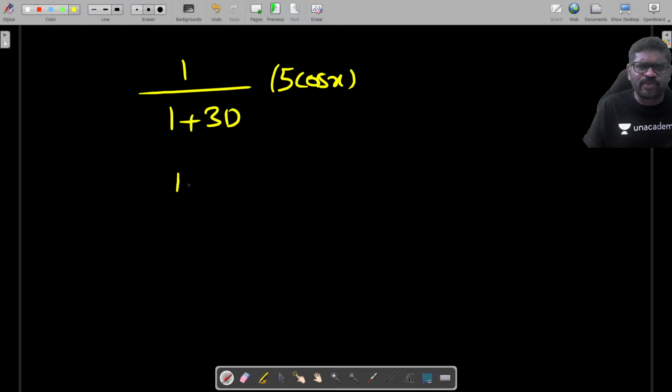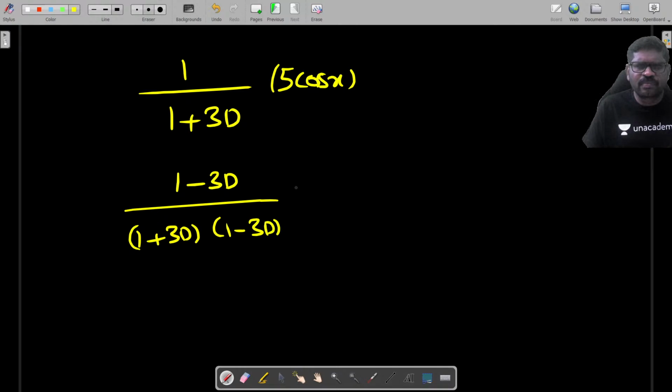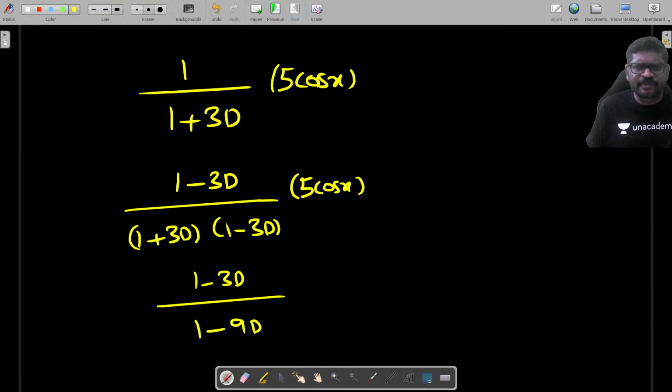Multiply numerator and denominator with 1 minus 3D. One minus 3D by 1 minus 9D square of 5 cos x. Now replace D square equal to minus 1.